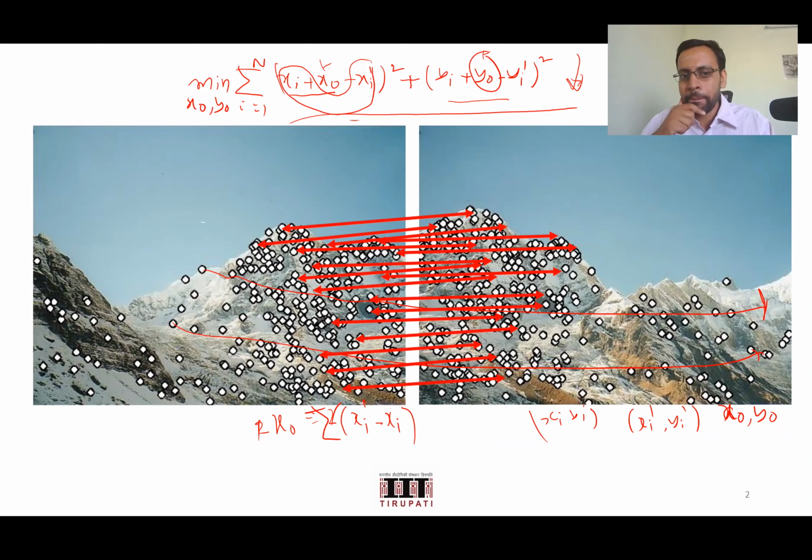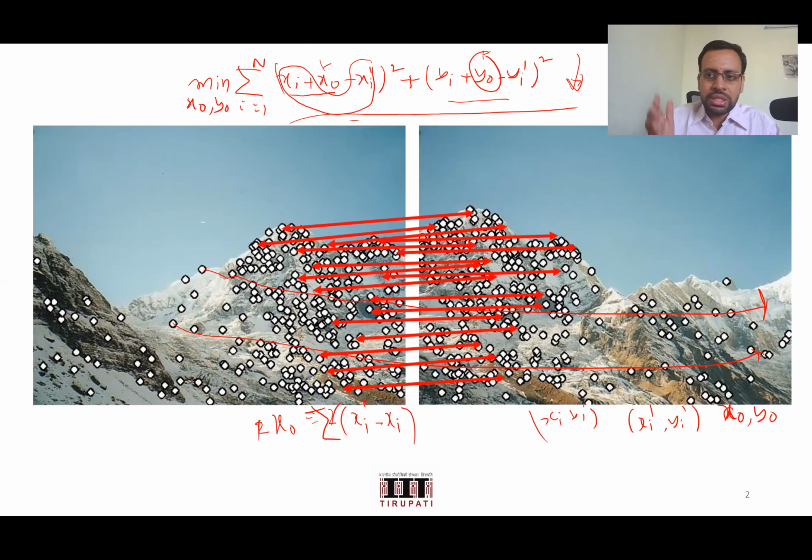Second problem, this inherently assumes that all the points are undergoing the same transformation. There could be a scenario where, for example, not this image, but perhaps an image where objects are moving, and each object might be having a different transformation, and then you obtain the key points and try to do this.